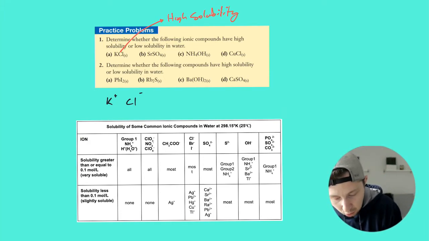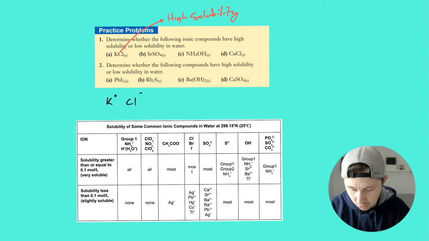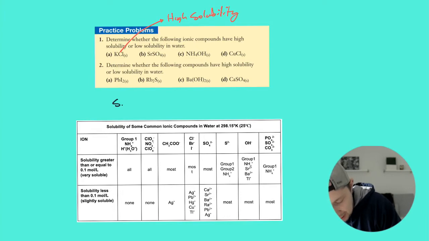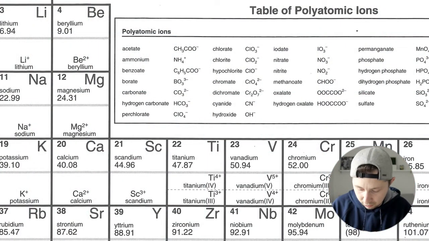So number 2, or letter B, SrSO4. Ready? Try it now. All right, so let's try this next one together here. So our formula, we've got Sr, strontium, which I believe is a 2+, but let's just look it up here. I just don't know off the top of my head.